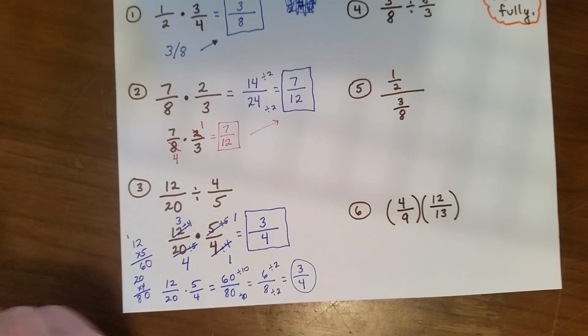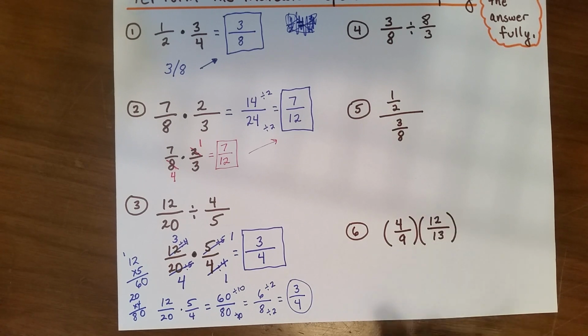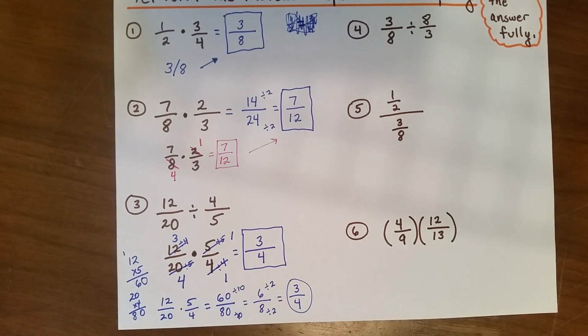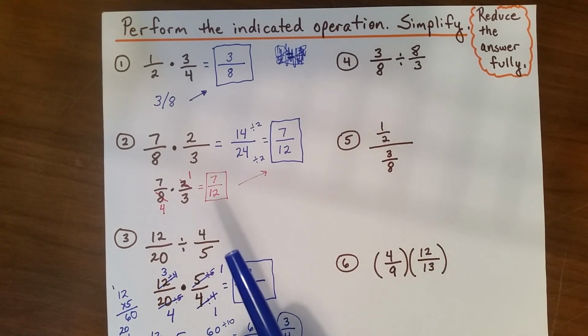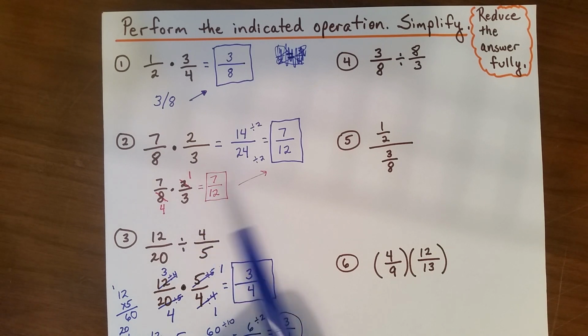Okay. Now, I really want to encourage you to work this out by pencil. And don't use a calculator. I really want you to learn how to do fractions without a calculator. Next thing we're going to do is 3/8 divided by 8/3. Okay.